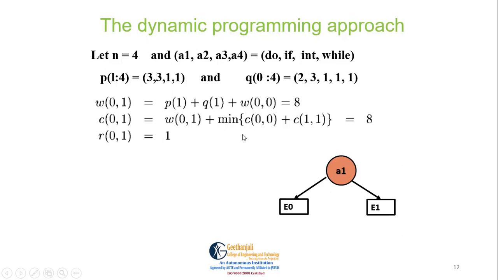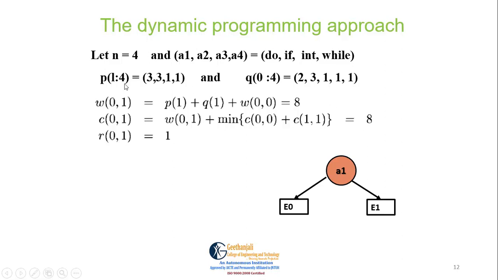So the minimum of C of 0,0 plus C of 1,1. C of 0,0 is E0, that is 0, number of comparisons are 0. C of 1,1 is 0. So 0 plus 0 gives 0. 0 plus W of 0,1, which is 8. So 8. What is the root element you selected in R of 0,1? You selected A1 as the root element. So pictorially this is the tree.